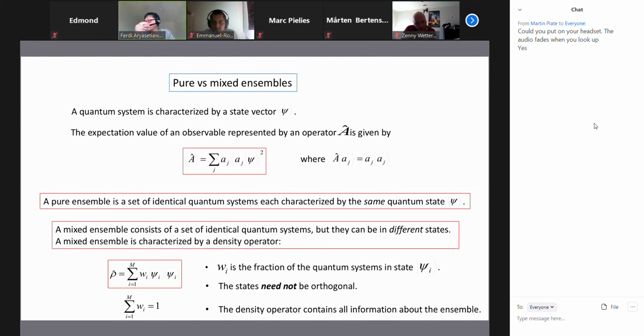So what is it about? Usually when we have a quantum system, we describe it by a state vector. We characterize this quantum system by a state vector, let's call it psi here.